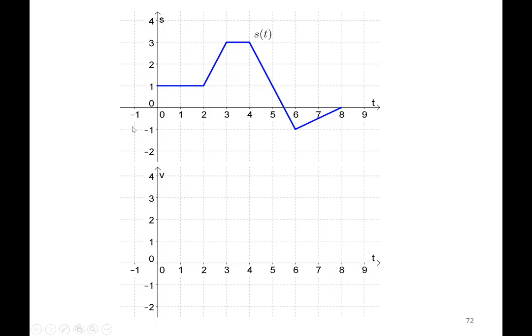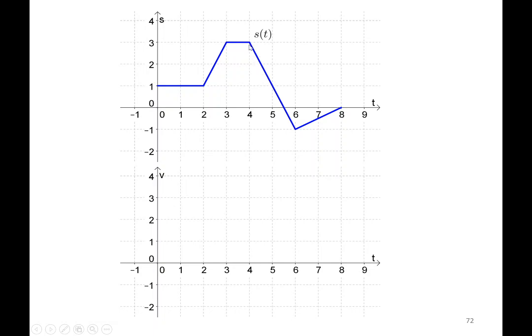Just to go over it a little bit, you can see that starting at t equals 0, the position is 1. Then the position stays at 1 over the first 2 seconds until at t equals 2, the robot wakes up and starts moving to a position of 3. So at t equals 3, the position of the robot is 3. Then it takes a nap and doesn't move at all, staying in position 3 until t equals 4, at which point the robot moves in the opposite direction, towards the negative direction.